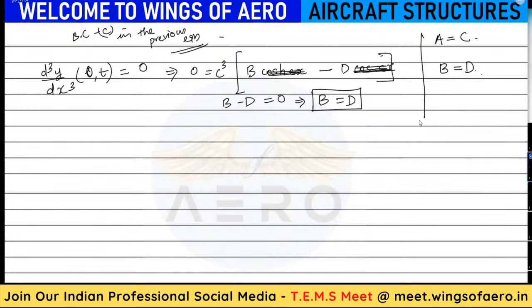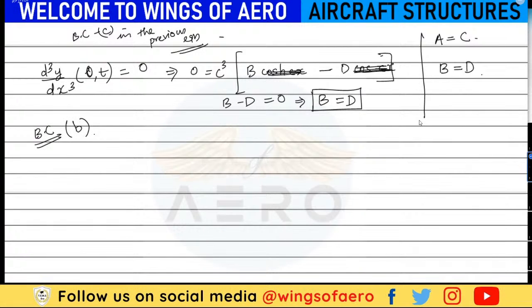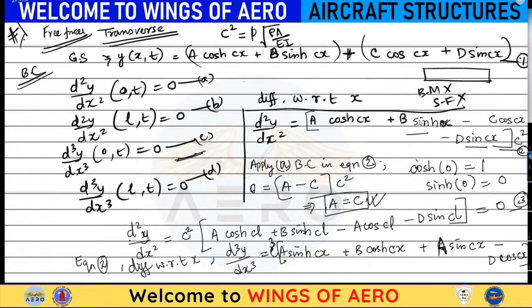Now what you're going to do is substitute back again and check that boundary condition for the second one. What happens? Could you able to solve this or not? This one.